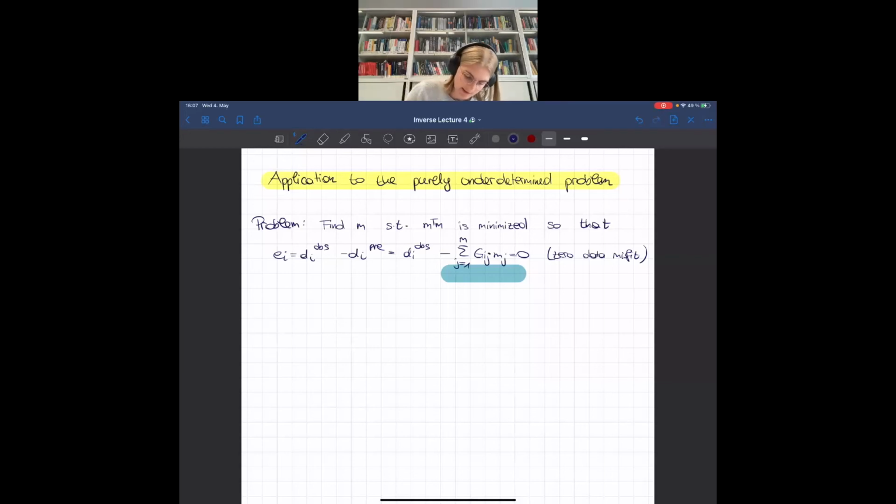So the total function we would like to minimize is defined with psi. It is m transpose times m on the one hand. And on the other hand, it's all those data misfits multiplied with Lagrangian multiplier lambda.